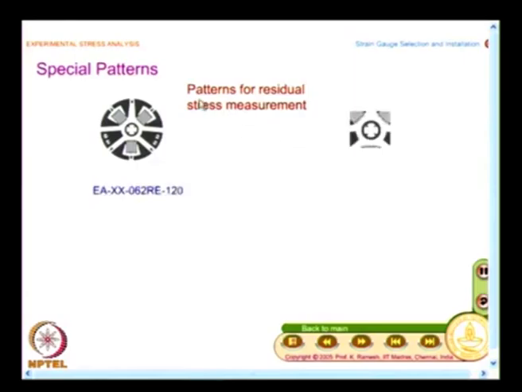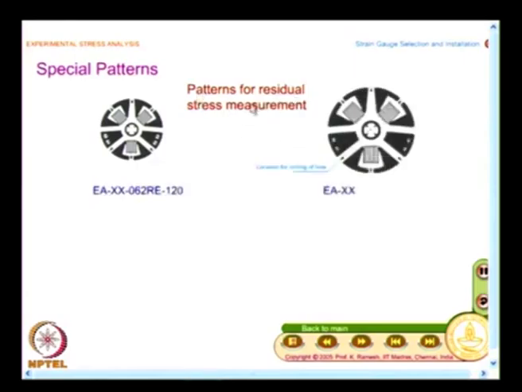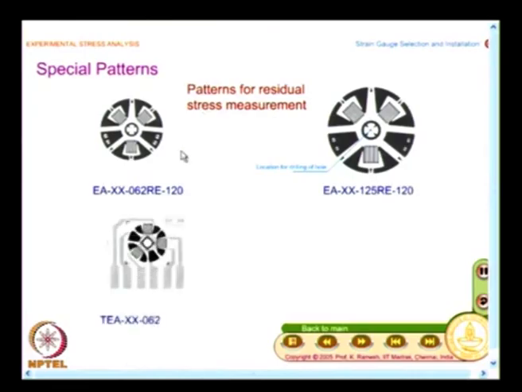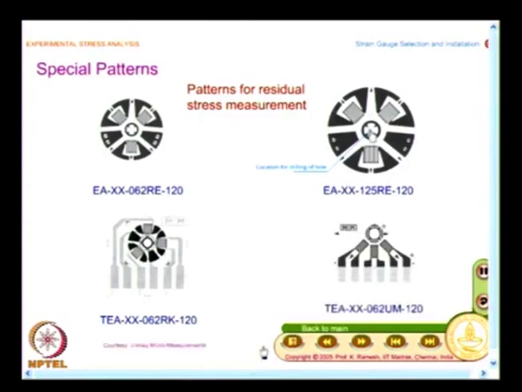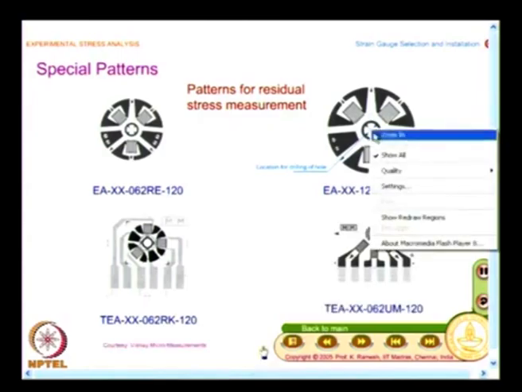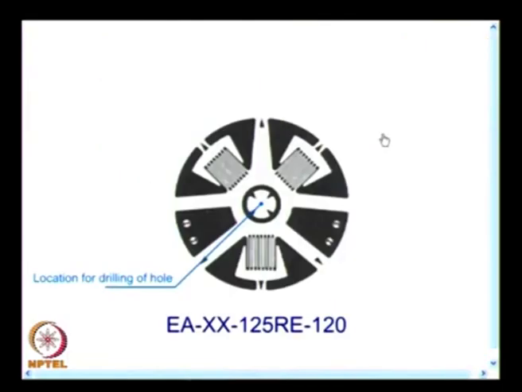You have special patterns for residual stress measurement. See, if you look at it casually, it will look like a delta rosette. I will magnify this, you make a sketch of one such strain gauge. It will look like a delta rosette, but it is not a delta rosette.